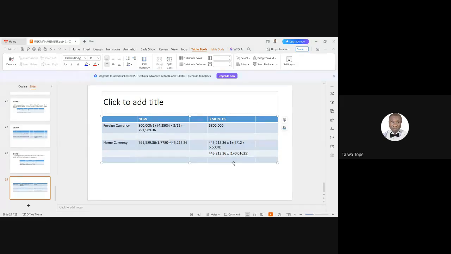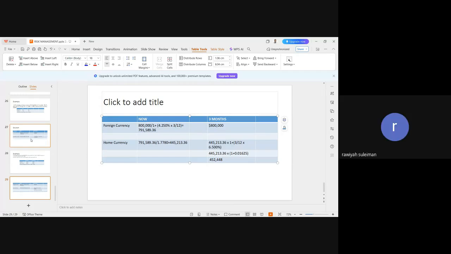Once you do this multiplication, 1 plus 0.01625, it will be 1.01625 multiplied by 445,213.36. It will be 438,094.33? You have to check it again. It should be 452. We divided it by the answer; we didn't multiply it actually.